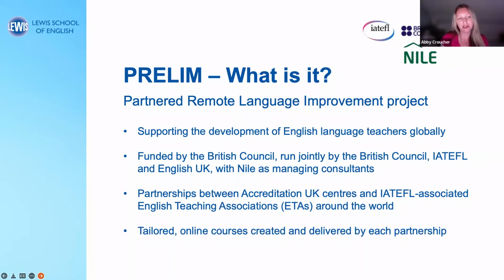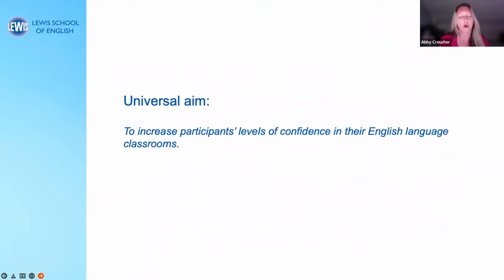The idea was that once we'd been partnered, we would go about creating a bespoke course, a tailored course, and the English Teaching Association would help us to understand what the needs of their teachers were, so we could design that course effectively. So that's a little bit of background to what PRELIM is. There was one universal aim throughout, to increase levels of confidence in the English language classroom.